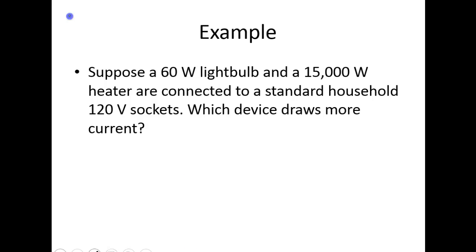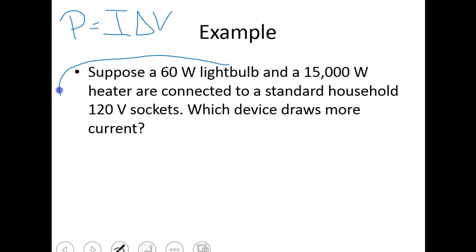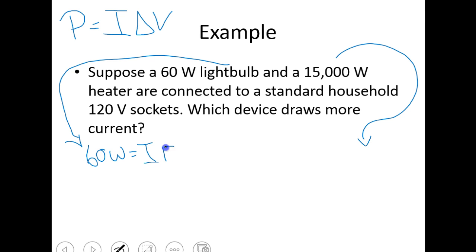All right, and so I'm going to think about that formula, that power is equal to current times the voltage difference. I'll do my light bulb work here and my heater work right here. So I've got a 60-watt light bulb, and it's plugged into a wall. That's 120 volts.